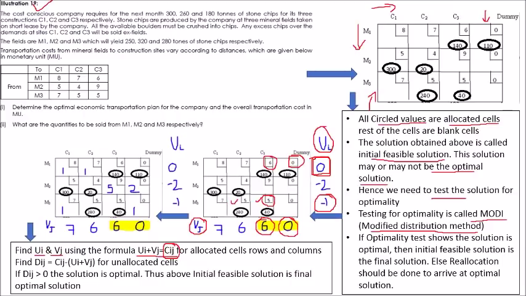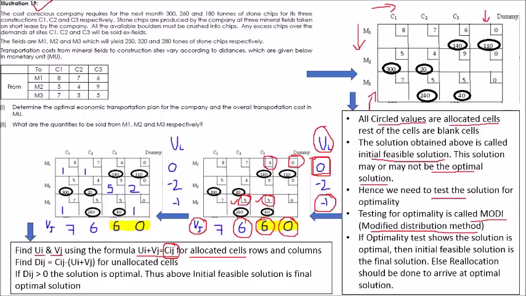Cij is 5, Ui I know is minus 1, so minus 1 plus Vj is equal to 5. Vj is equal to 5 plus 1, which is 6. So guys, remember Ui plus Vj is equal to Cij, and I use that on allocated cells only to find the Ui and Vj values.